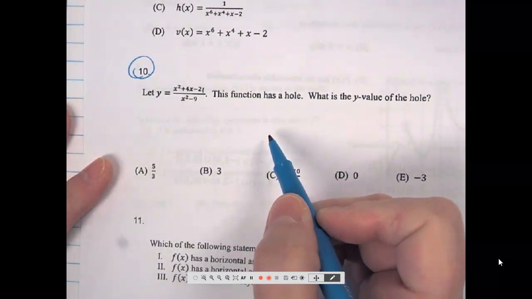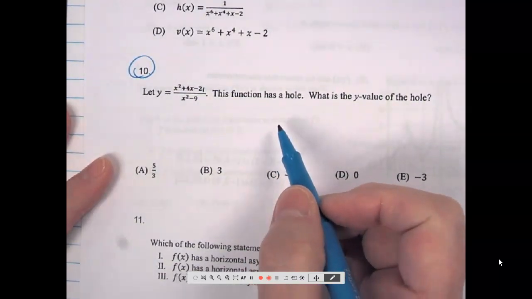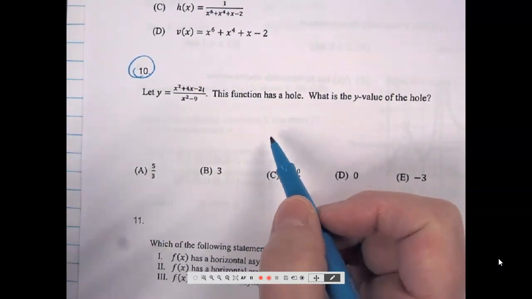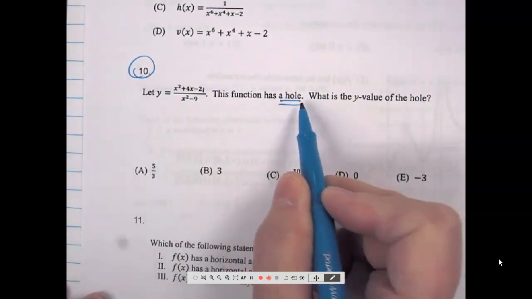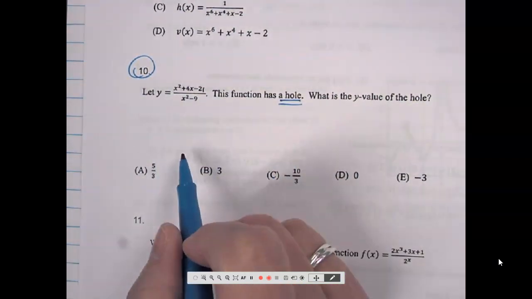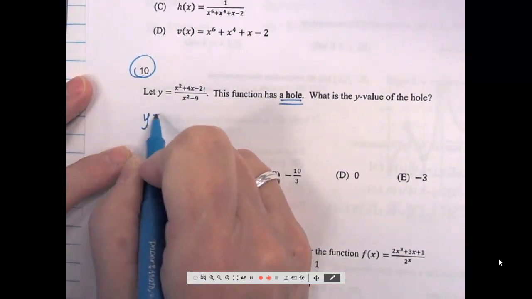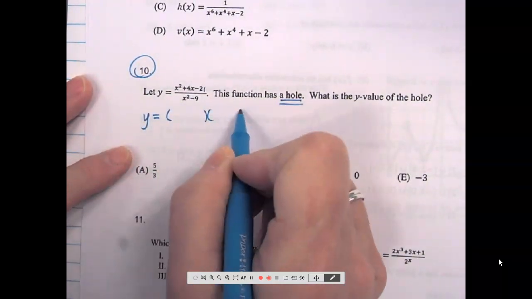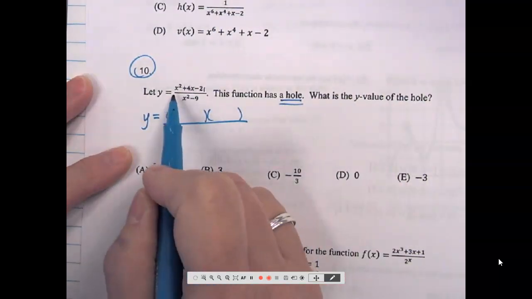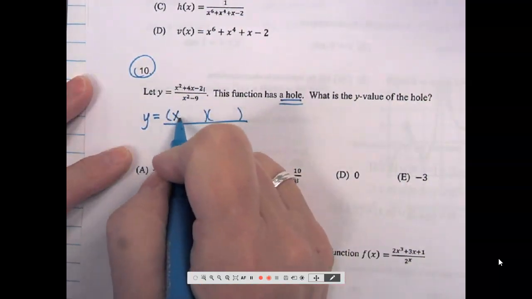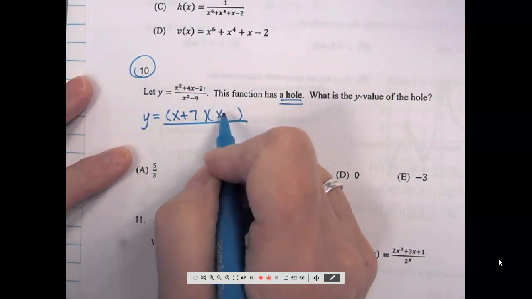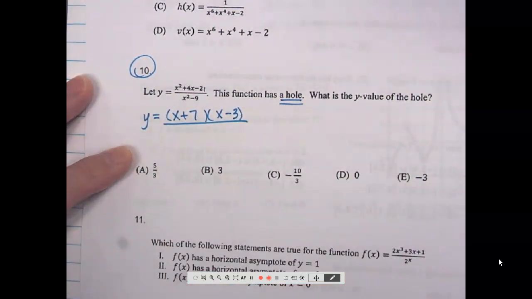Okay, so what creates a hole is when you have a factor top to bottom that cancels. So that's my clue. The fact that it says there's a hole tells me there's going to be a factor that cancels. So I'm going to factor the top, and those factors will be x plus 7 and x minus 3.